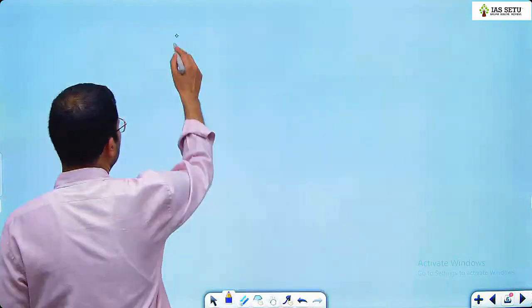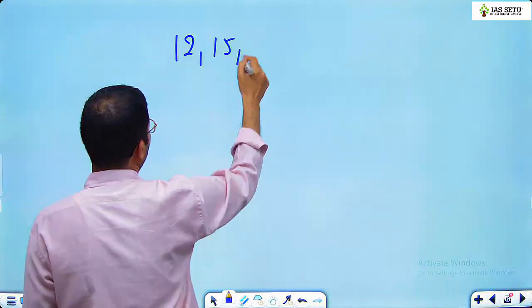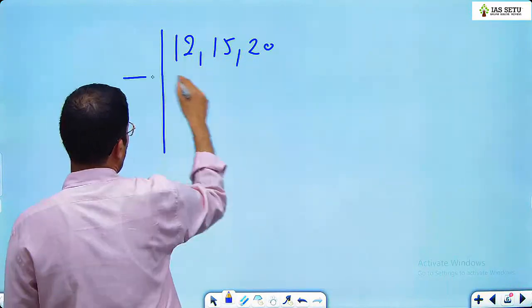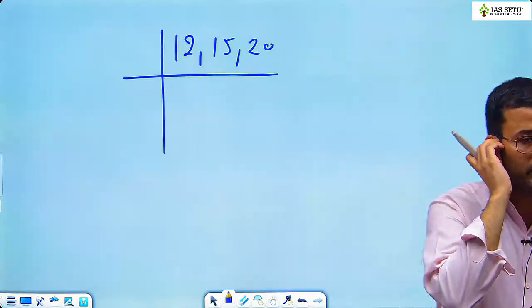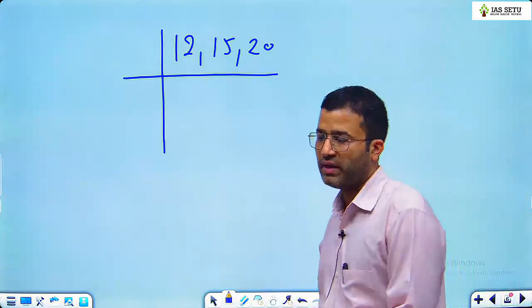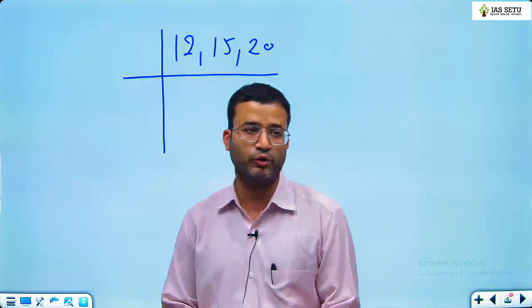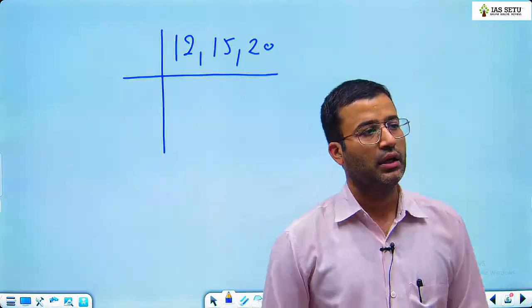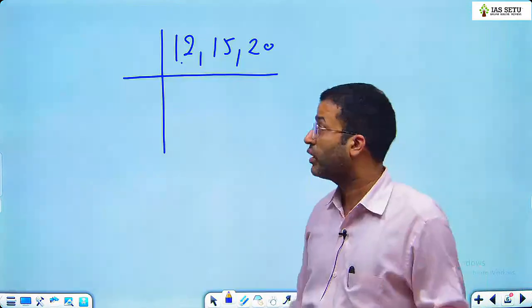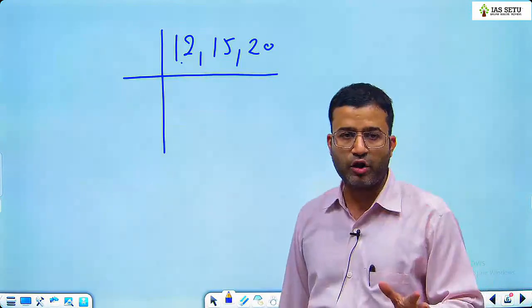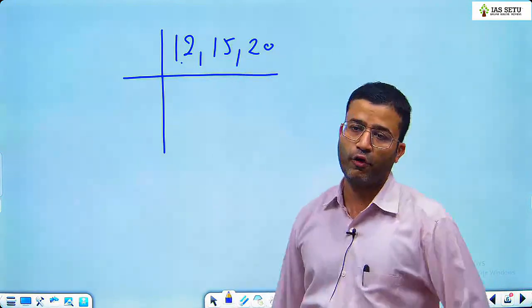Now here is one example: 12, 15, 20. This is one of the good examples to understand the LCM process. Yes, many of you know, you cram it, the LCM of 12, 15, 20 is 60. See here, 12 and 15 give you 3 common, 15 and 20 give you 5 common, 12 and 20 give you 4 common.